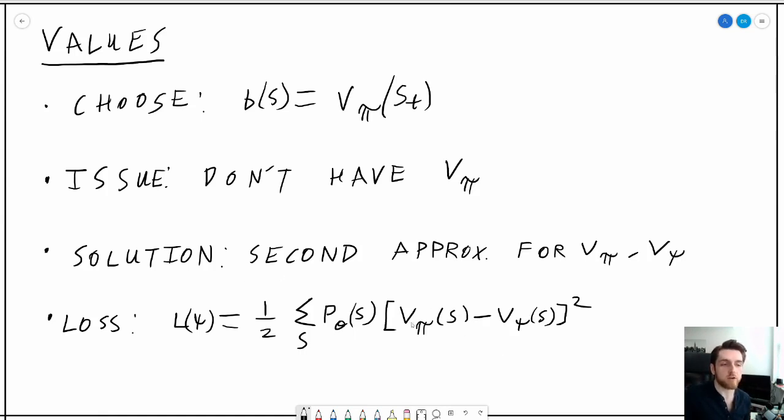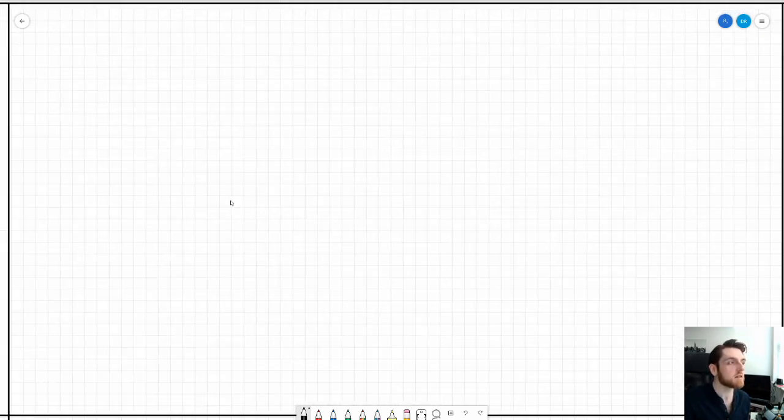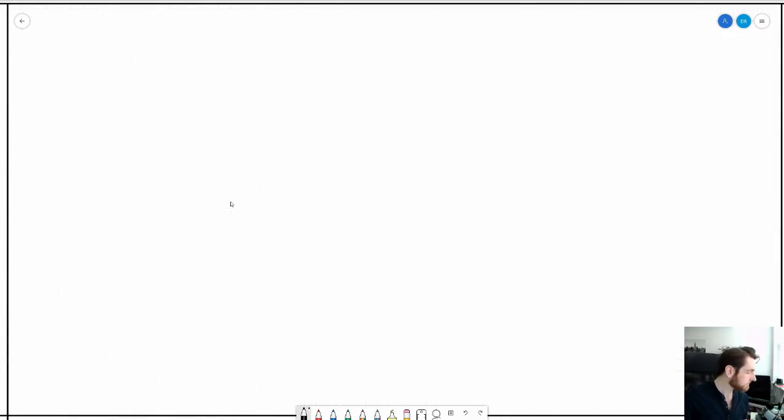And obviously we don't know V pi, so this seems a bit contradictory, but it actually turns out that we can calculate this gradient quite efficiently. So in this case, to optimize this, we use gradient descent, because we're trying to minimize the loss function, minimize the error.